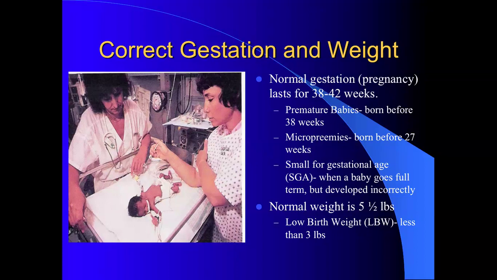So just because it's your expected due date doesn't mean that you're going to hit that date. It's a range. But if the child is still in utero after 42 weeks, we have to induce labor because the child is too large for the womb, and the child runs the risk of pinching off the umbilical cord, right?